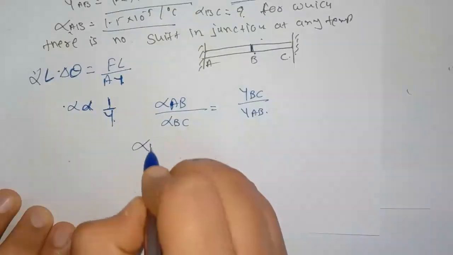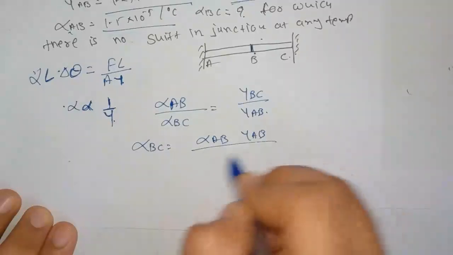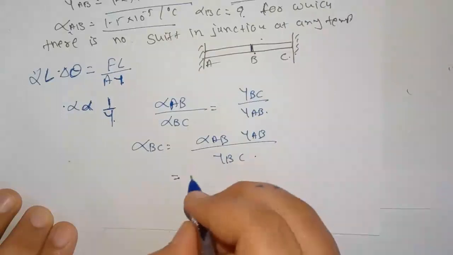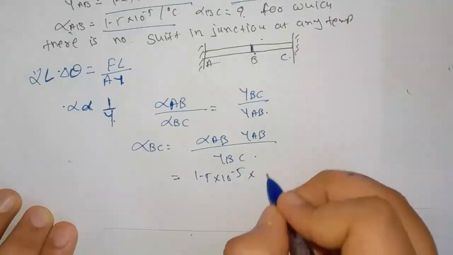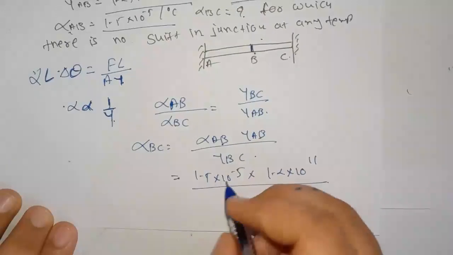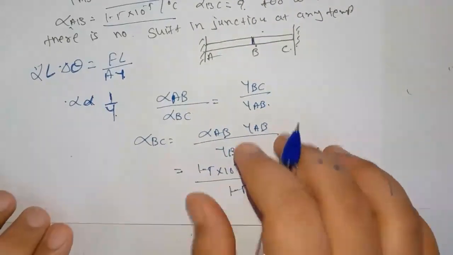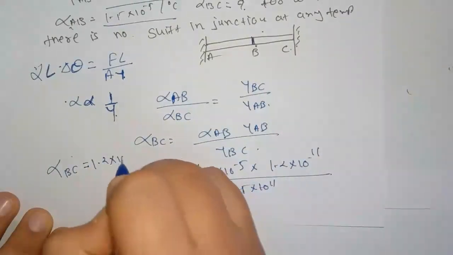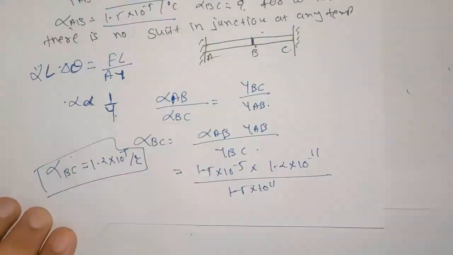So alpha BC is equal to alpha AB into YAB divided by YBC. Put the values. Alpha AB is 1.5 into 10 power minus 5. YAB is 1.2 into 10 power 11 divided by YBC is 1.5 into 10 power 11. So we will get alpha BC is equal to 1.2 into 10 power minus 5 per degree Celsius.